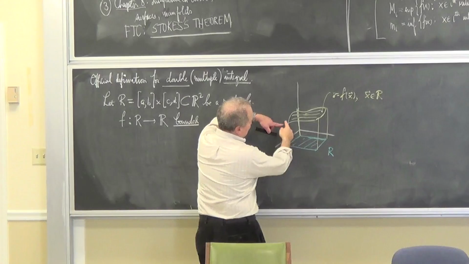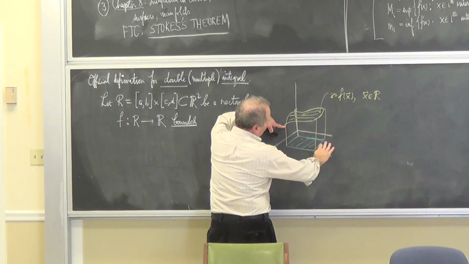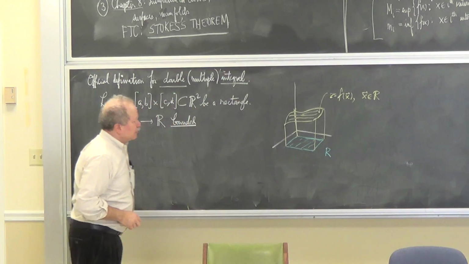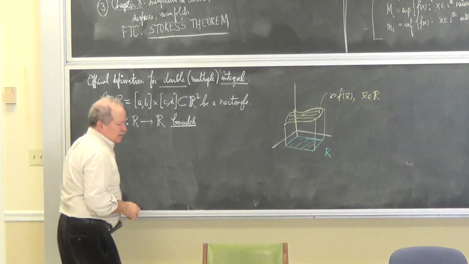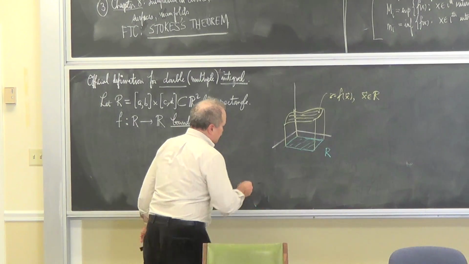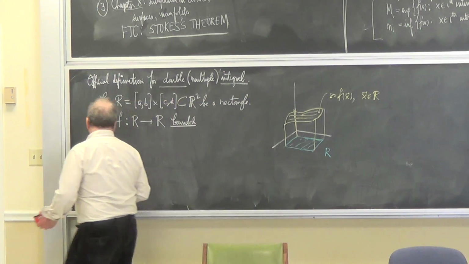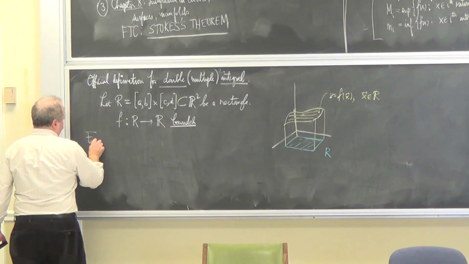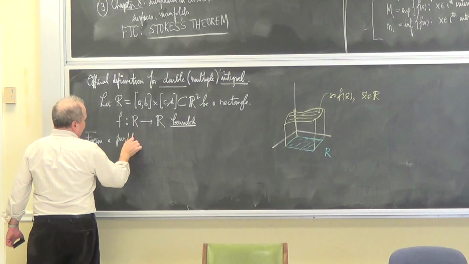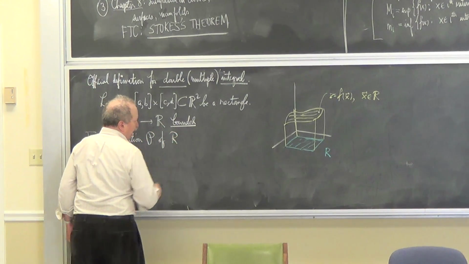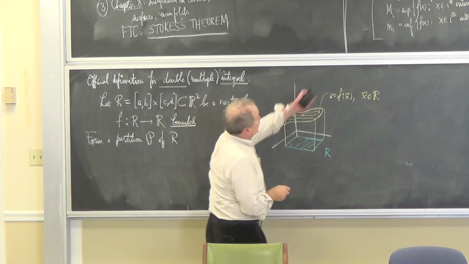So I'm interested in saying what's the volume under this surface and above the plane z equals 0. And again, you're going to do the same game. You're going to chop the rectangle into pieces. So you're going to start with a partition. You're going to form a partition P of the rectangle by partitioning, as we did in that picture.